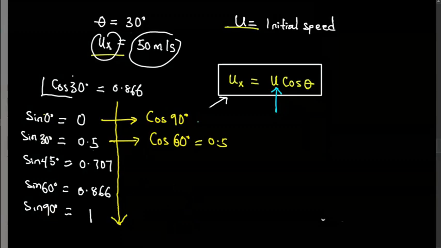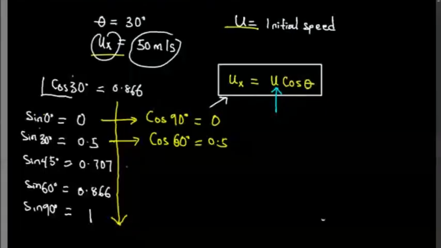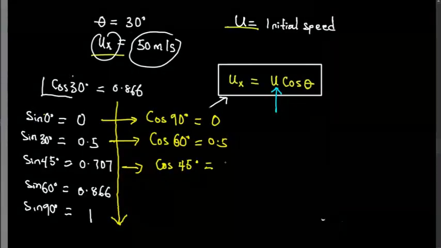Cos 90 is what? 0, because sine 0 degrees is 0. Sine 45 and cos 45 have the same value because they correspond at the middle. That is 0.707. Sine 60 degrees is the same thing as saying cos 30 degrees, which is what?